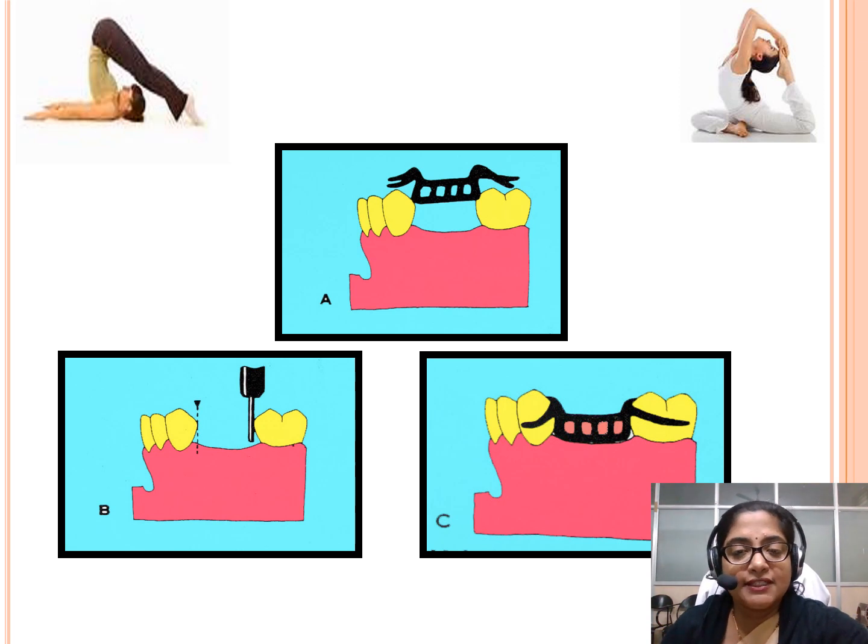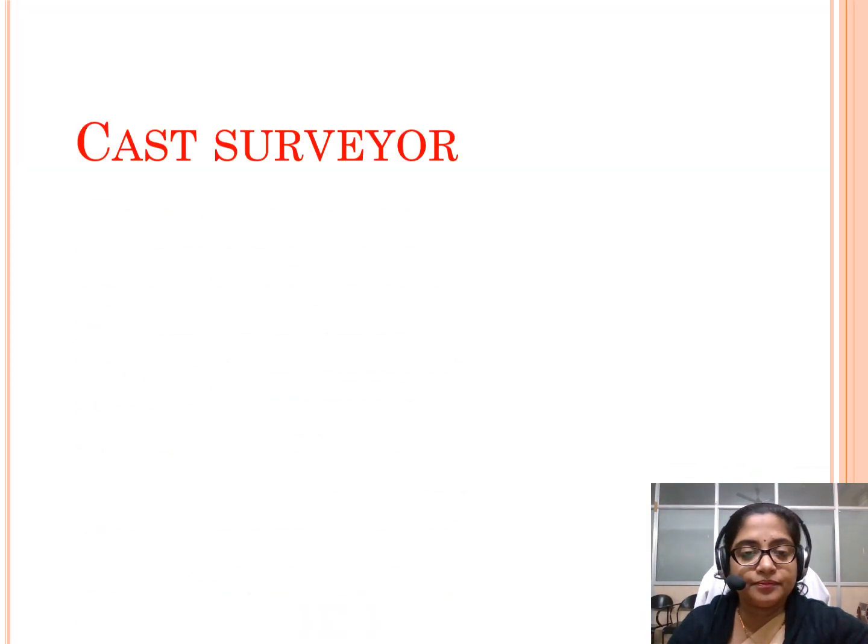So as you can see here, because the rigid framework cannot flex beyond a certain limit, if the teeth are not parallel to each other, the denture will not be placed properly. And that is why the importance of relative parallelism, and that is why the importance of surveying and designing.